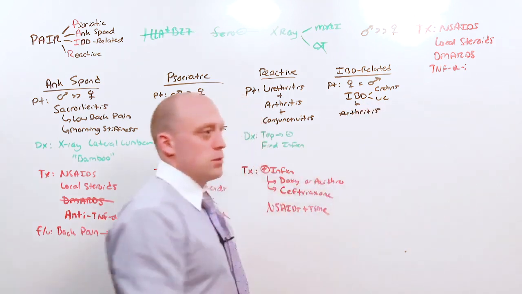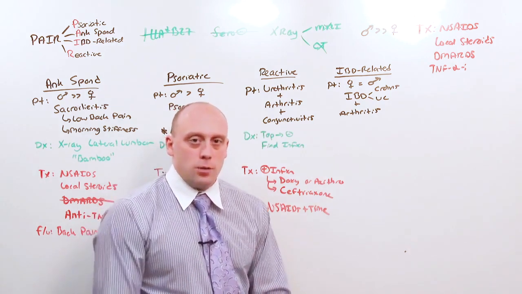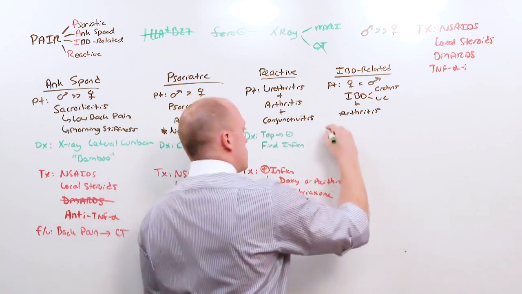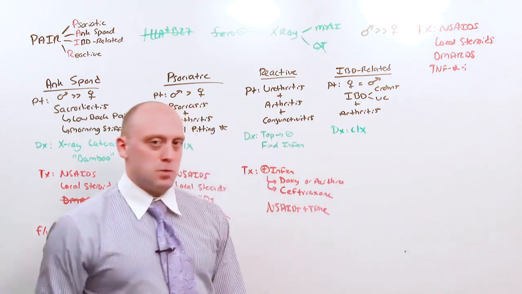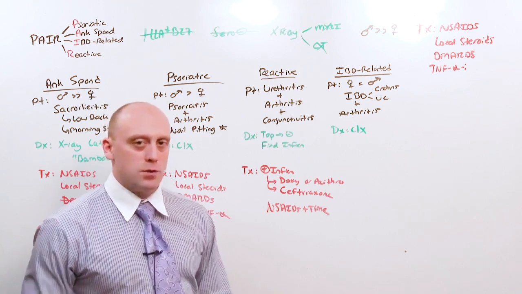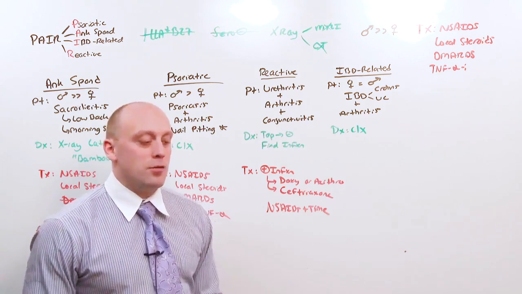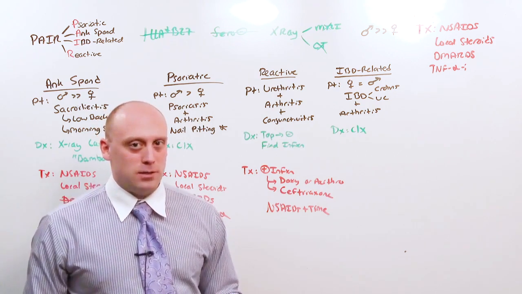Well, if they've got inflammatory bowel disease and they have arthritis, diagnosis is done, it's inflammatory bowel disease related. The diagnosis is clinical. But you have to be careful because ankylosing spondylitis also has a predisposition in patients who have UC. So someone could have inflammatory bowel disease and have ankylosing spondylitis.